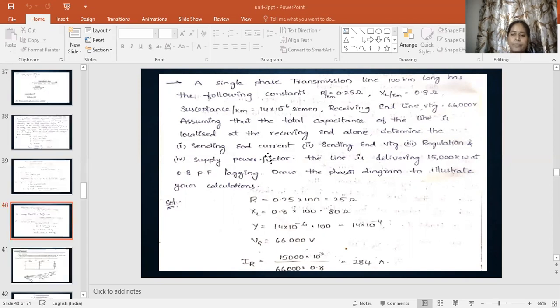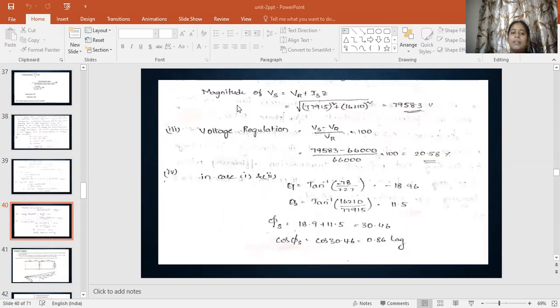Next, the magnitude of Vs. We know the formula, Vs equal to Vr plus Is into Z. In that, we find out the Vs value and Is value.